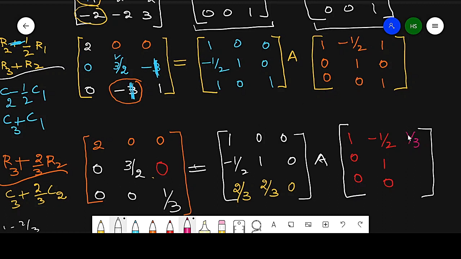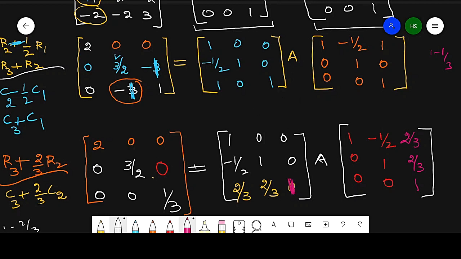So adding, this is 2 by 3, this is 2 by 3, and last this term is 1. So when we multiply by 2 by 3 positive term, 1 minus 1 by 3 is equal to 2 by 3. So here I check: 1, minus 1 by 2, 2 by 3, 0, 1, 2 by 3, and next is 0, 0, 1.